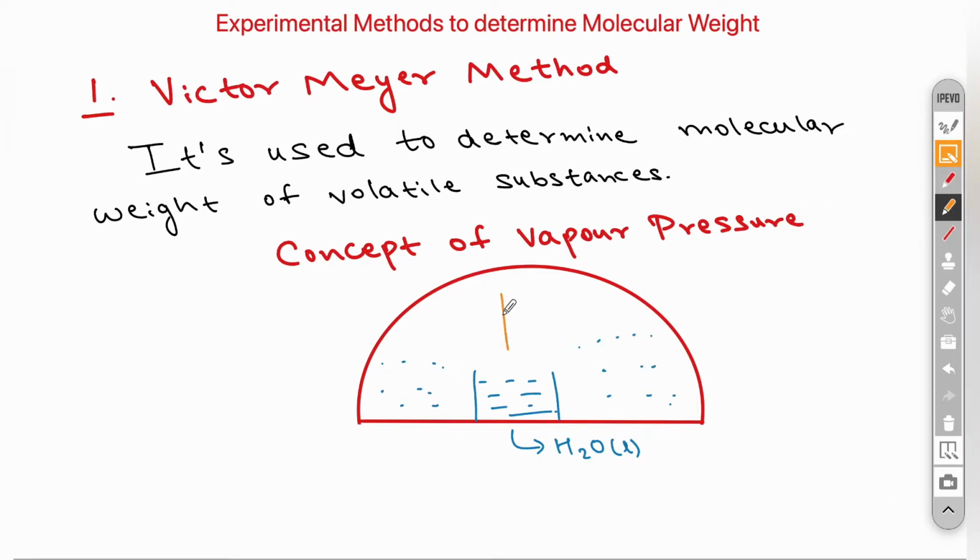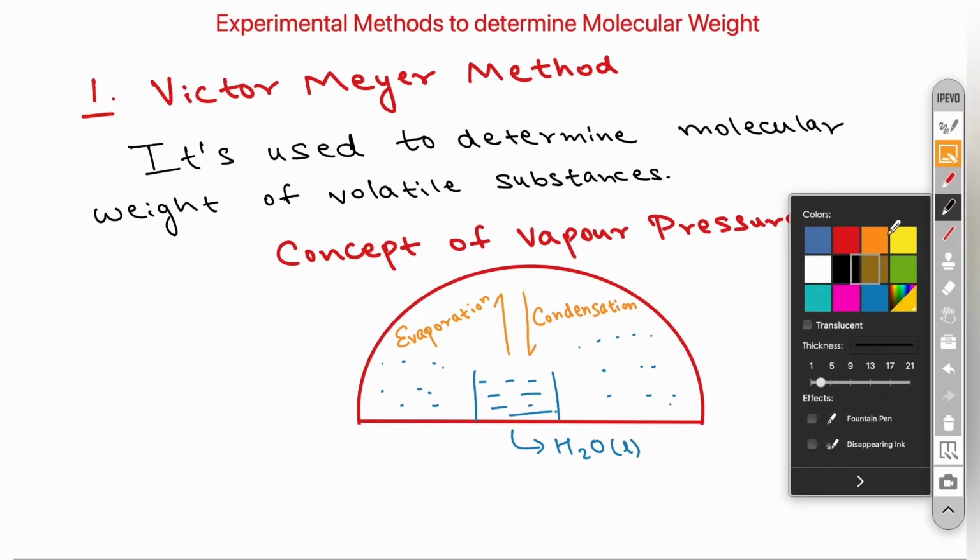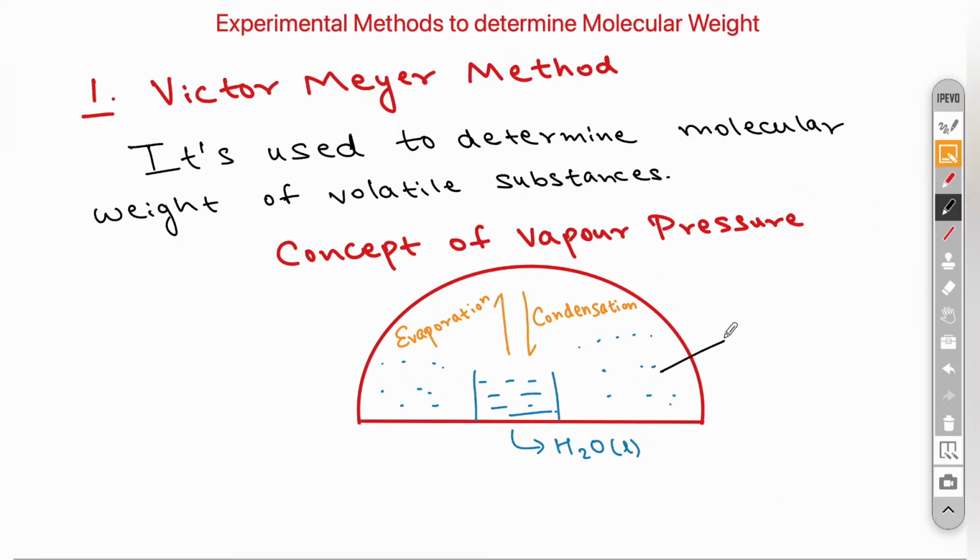Along with this, the process of evaporation as well as the process of condensation will be going on inside the container. These vapors which are collected here will have some pressure called P. This pressure will be constant. P is equal to constant, which is basically the vapor pressure.